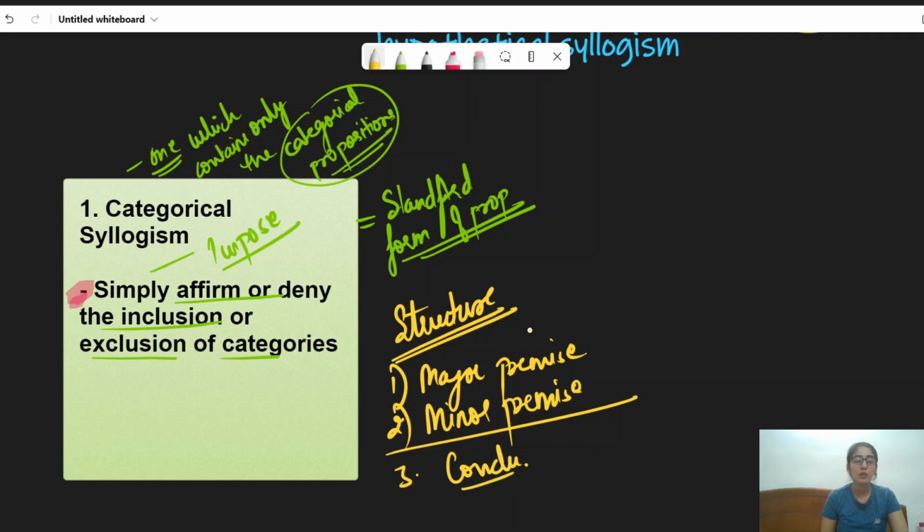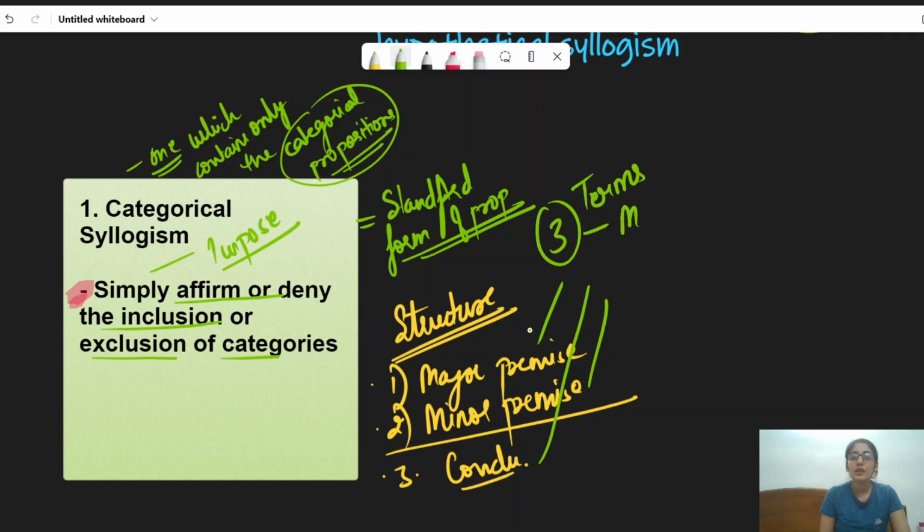So these three propositions are going to deal with exactly three terms. And what are those three terms? The three terms that will be used here are the major term, the middle term, and the minor term. Is this clear?